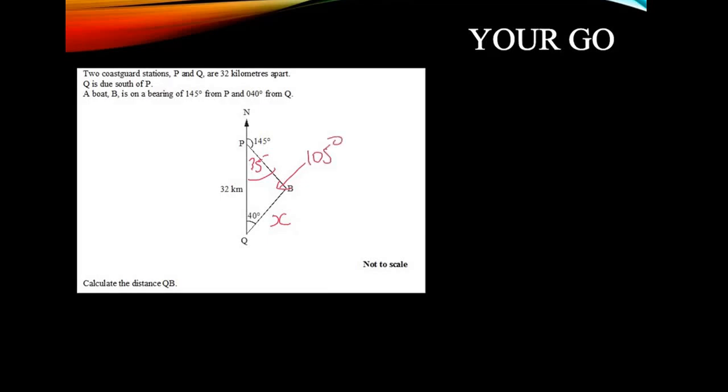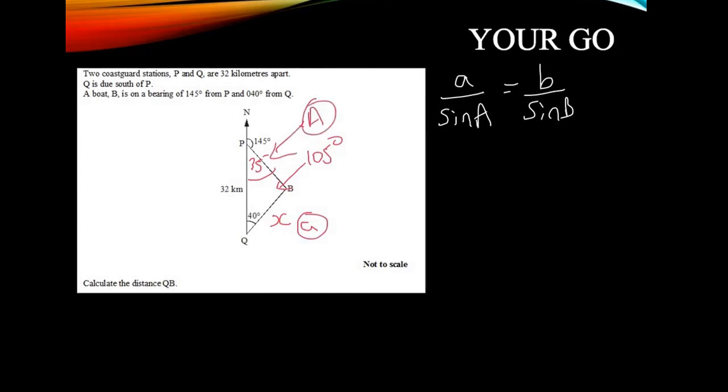That means I've got enough information to use the sine rule. So I can then say that, as I'm trying to find a side, a over sine A equals b over sine B. If I'm labelling these things up properly, I'm going to say that my X is little a, and this angle here, 35, is going to be my big A. And I've also got this can be my little b, and this can be big B over here.